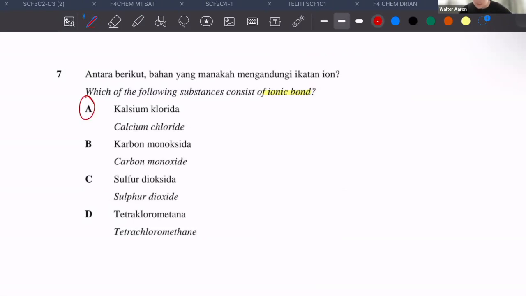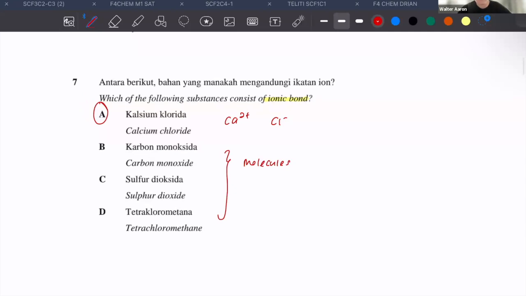The answer is A, calcium chloride, because it is made up of calcium ions and chloride ions. The rest of them are molecules. Molecules are usually non-metal plus non-metal, so they are covalent compounds with covalent bonding. Therefore, B, C, and D will definitely be wrong. So that's A for number 7.